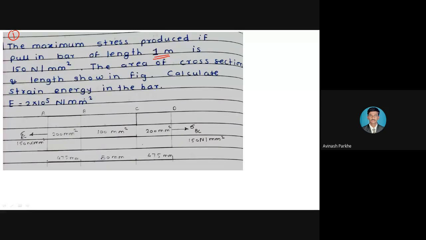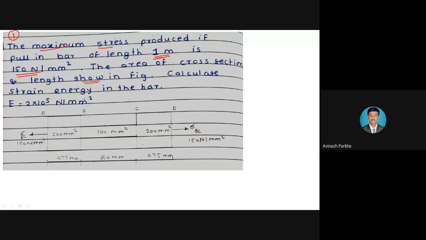Total length of bar is given 1 meter and that particular bar is subjected to the maximum stress, and its value is given 150 Newton per mm square. The maximum stress produced if pull in the bar of length 1 meter is 150 Newton per mm square, full stop.